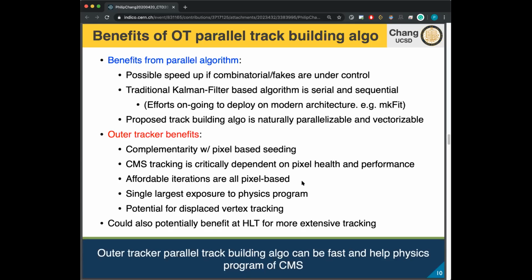So if all of these work well, it can also potentially benefit the HLT at the software trigger level, if, again, the combinatorics and the fake rate are under control. It could potentially be used in the HLT as well for more extensive tracking, for example, targeting displaced tracks as well.